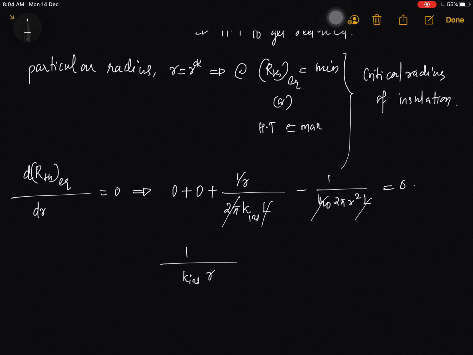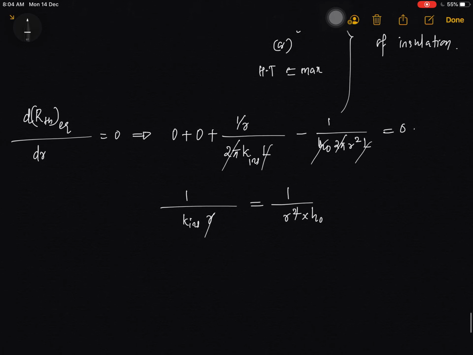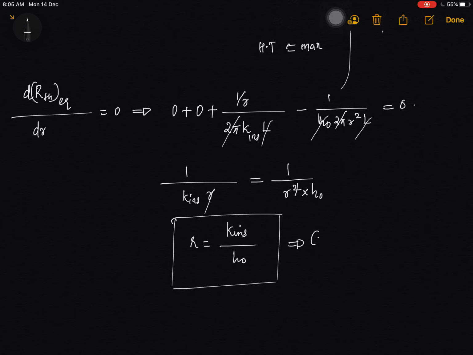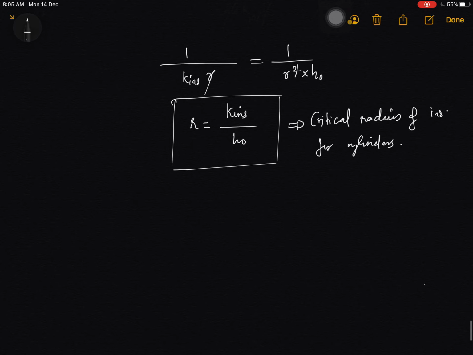Cancelling 2 pi and L, we can write 1 by K insulation into R is equal to 1 by R square into Ho. Cancelling R, we get R equal to K insulation by Ho. So this R is the critical radius of insulation for cylinders.